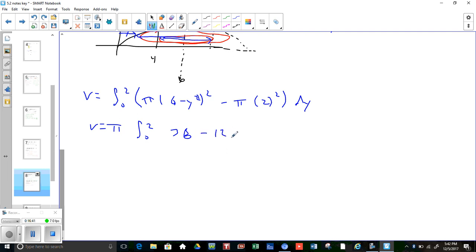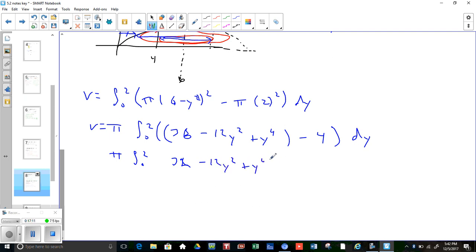Minus 12y squared plus y to the 4th minus squaring that one, that's just 4 dy. So I can combine 36 and minus 4. We're going to get 32 minus 12y squared plus y to the 4th dy.